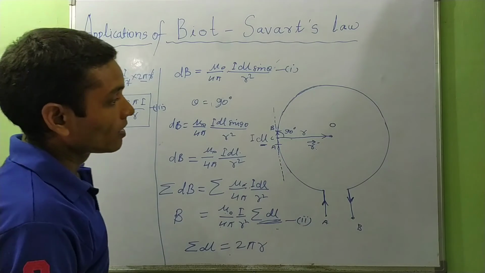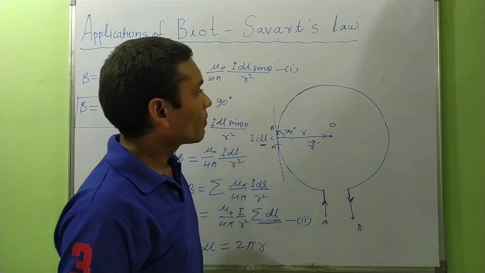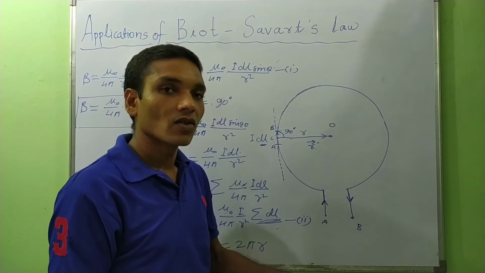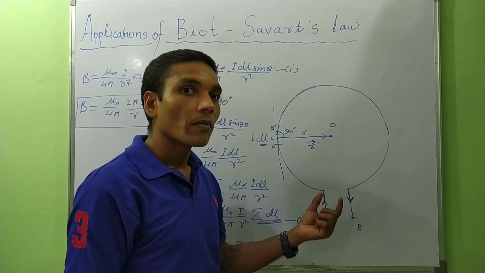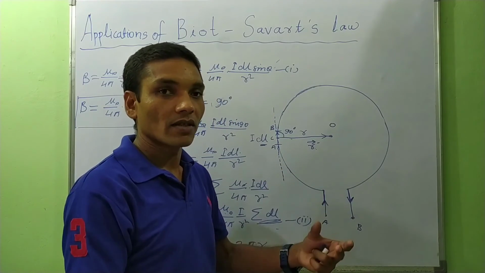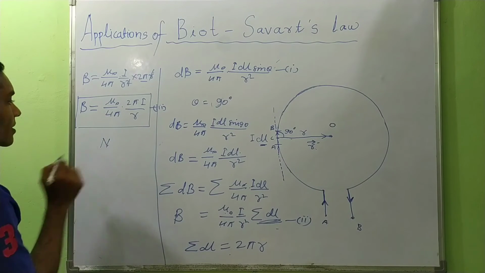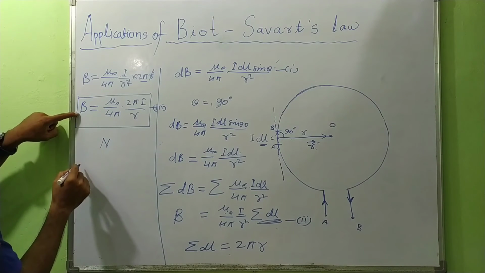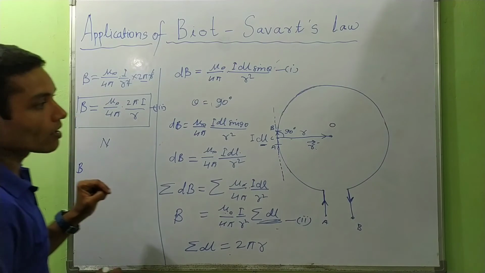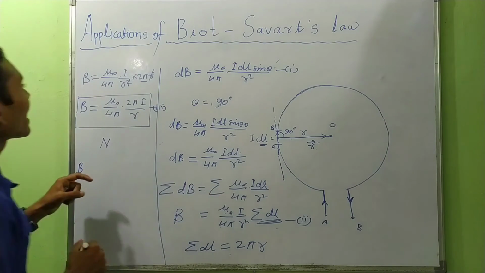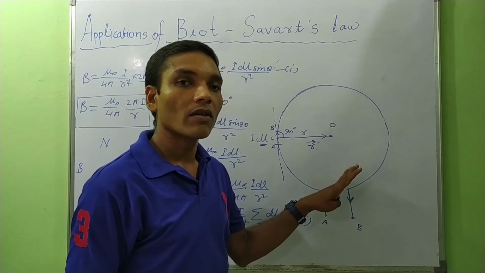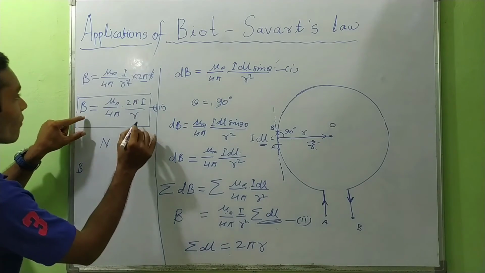If in this circular loop n turns are there, so the circular loop is made of n turns. Let the number of turns be capital N, then the magnetic field will be n times the magnetic field by one turn. So this is for one turn.